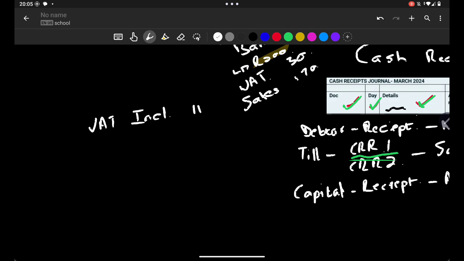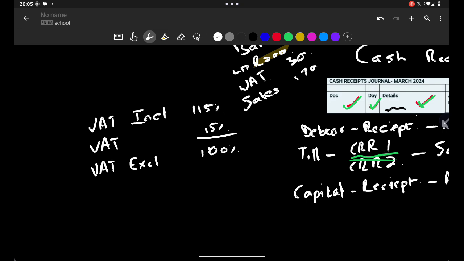And this will always be 115%. VAT is just VAT, right? At 15%. Then we have our VAT exclusive amount. So this is the amount without VAT in it. And this is 100%.